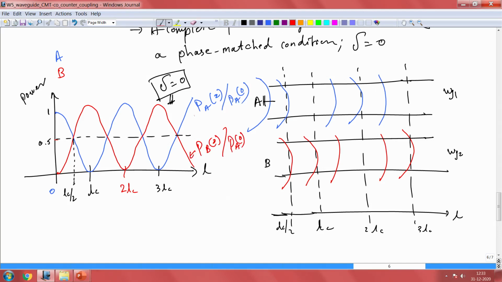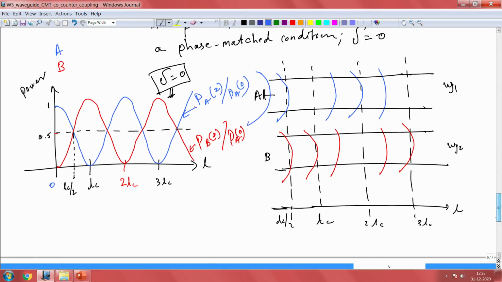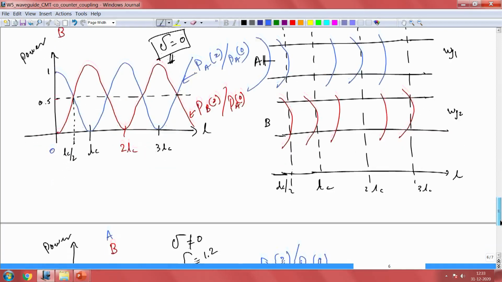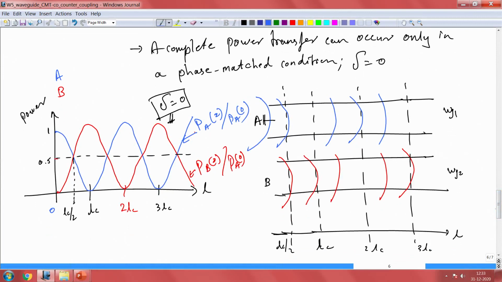So, that is the red and this is the blue one. So, the power transfer now happens as a periodic function as you move along the length of the device, and we use this concept to design one of the devices which is called a directional coupler. We will look at it briefly when we talk about passive waveguide structures, but the power distribution works with this co-directional coupling mechanism.